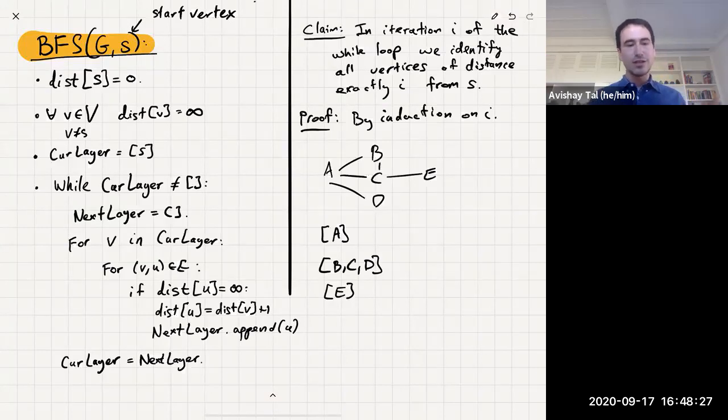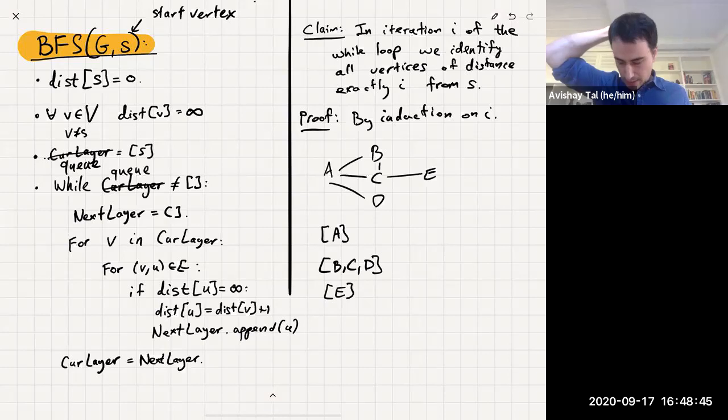So we didn't need these two variables, current layer and next layer. We could have used only one of them. So we can do it with a queue: while the queue is non-empty, now we don't need to iterate.